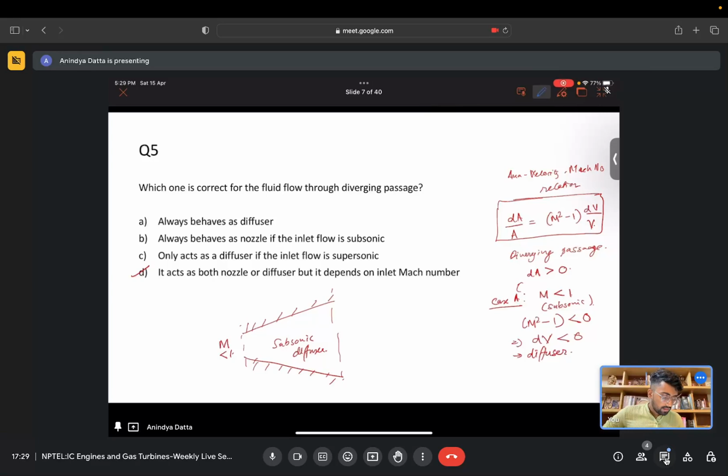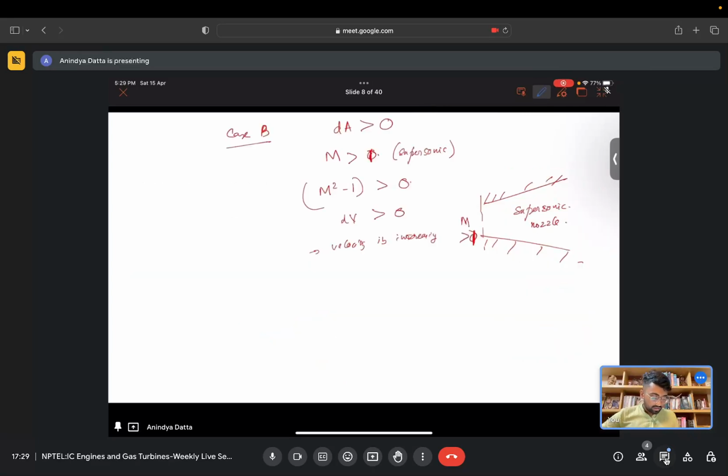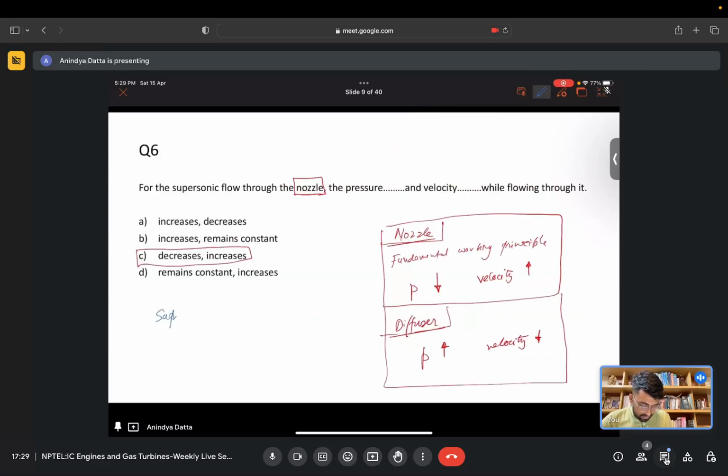Our velocity is increasing, so dV is positive. Now when we have supersonic flow, M is greater than 1, so M square minus 1 is positive. So our right hand side is positive, so the left hand side also has to be positive, so dA is greater than 0. So a supersonic nozzle will look like this.